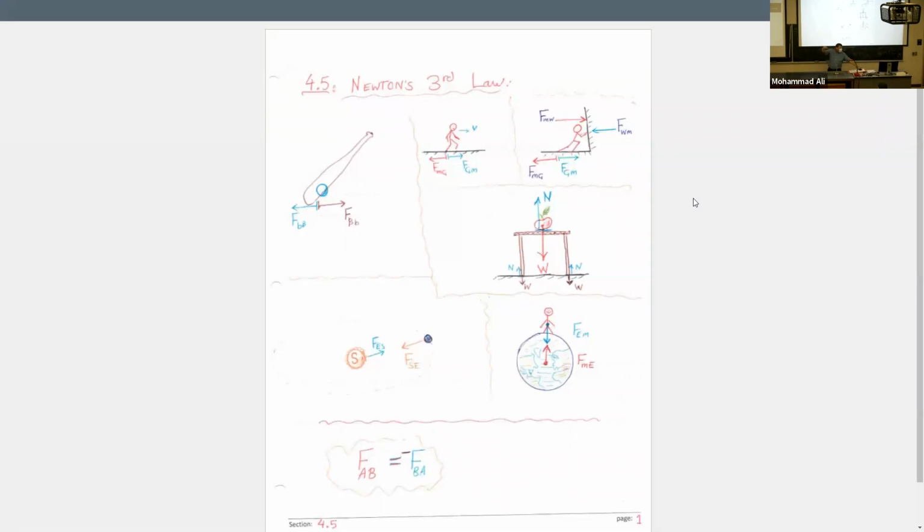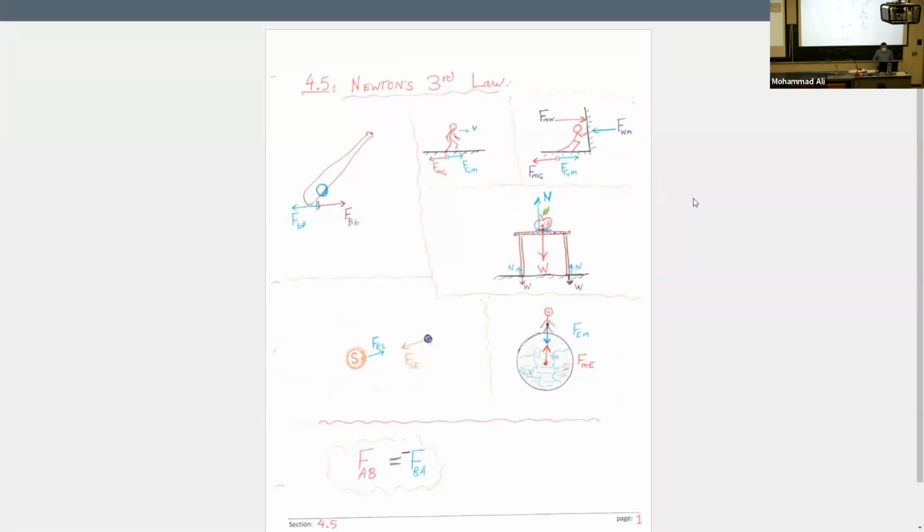Another example: if I leave this to go down because of its weight, there is also a force between this body and the earth, and this body attracts the earth in its direction, but this motion is negligible, almost zero, because we can't compute it.